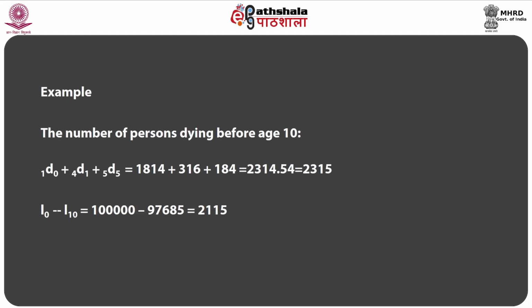Example, the number of persons dying before age 10: 1d0 plus 4d1 plus 5d5 equals 1814 plus 316 plus 184 equals 2314.54, about 2315. l0 minus l10 equals 100,000 minus 97685 equals 2315.